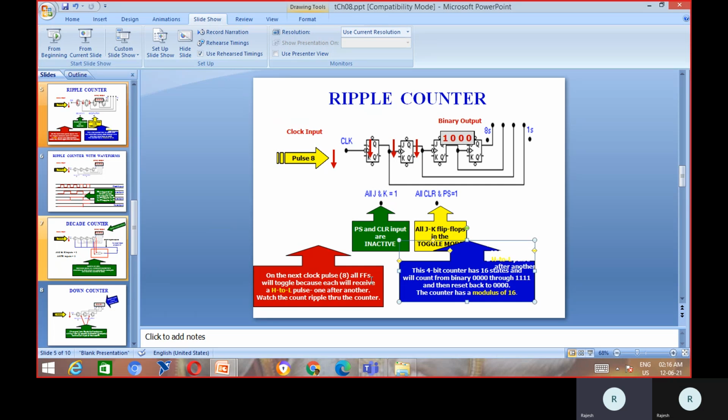Whenever there is a transition from 1 to 0, the first flip-flop will change the value of Q from 0 to 1, and this will act as the clock to the next flip-flop. So when there is a 1 to 0 transition in the clock, the outputs of all 4 flip-flops will vary, and this ripple counter is going to count from all zeros to all ones.